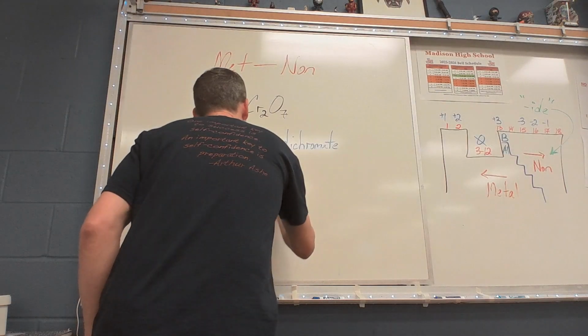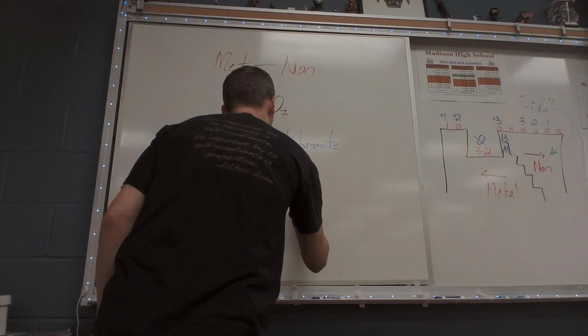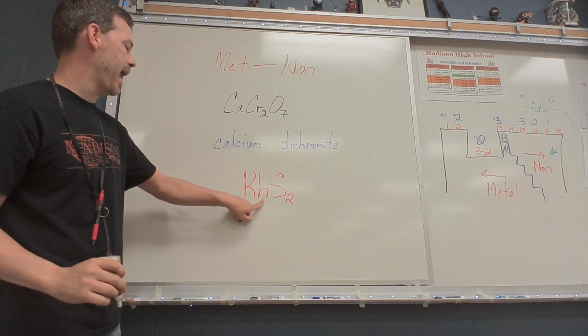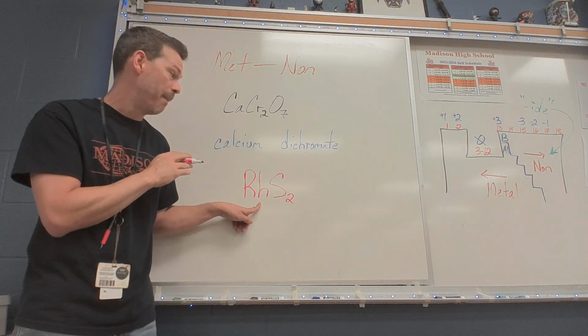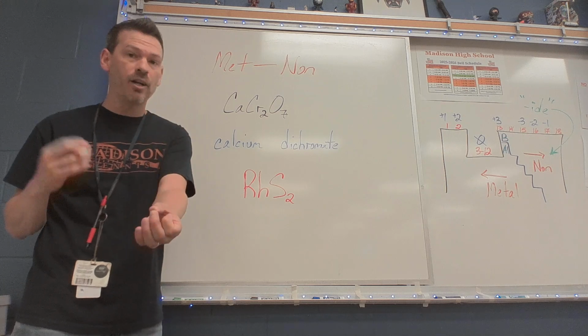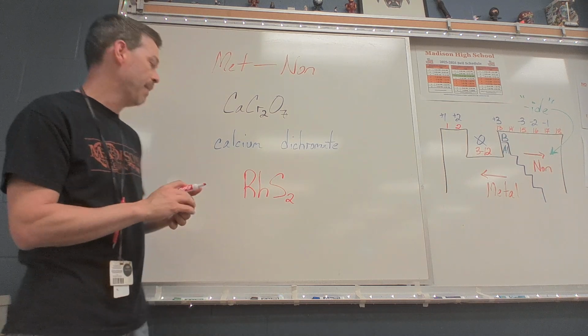Now, the last one is actually really hard, the RhS2. But I do want to make the point that the moment you have a transition metal start your compound, you are required to show a Roman numeral, right? Unless it's zinc, cadmium, silver, the exceptions.